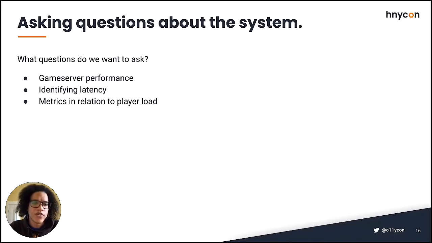This is a tricky question because there are a lot of different ways for each type of game to identify latency. I have some rudimentary ways of identifying this in my case, but there's more to expand on. And then, as I mentioned earlier, metrics in relation to player load. So that's server empty versus server full. What does that look like?